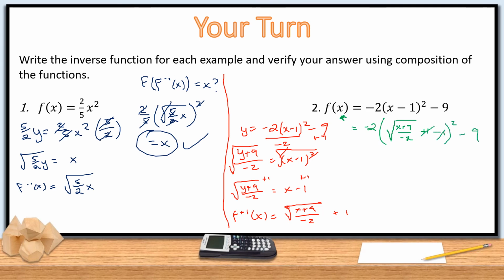So the plus 1 minus 1 cancels. The square and the square root will cancel, so we get minus 2 times (x plus 9) all over negative 2, minus 9. The minus 2's cancel. X plus 9 minus 9, the 9's cancel, so we're left with just x. Verified.